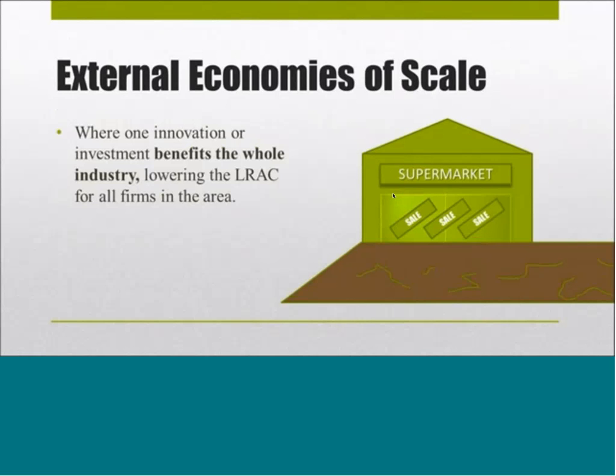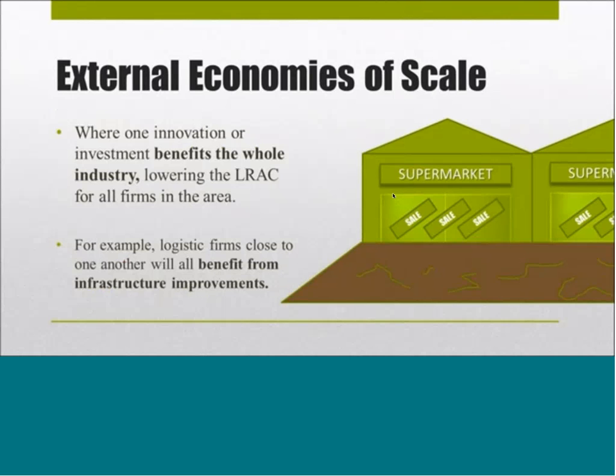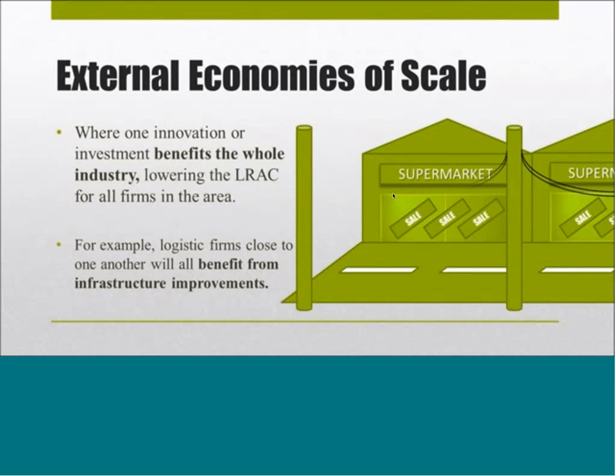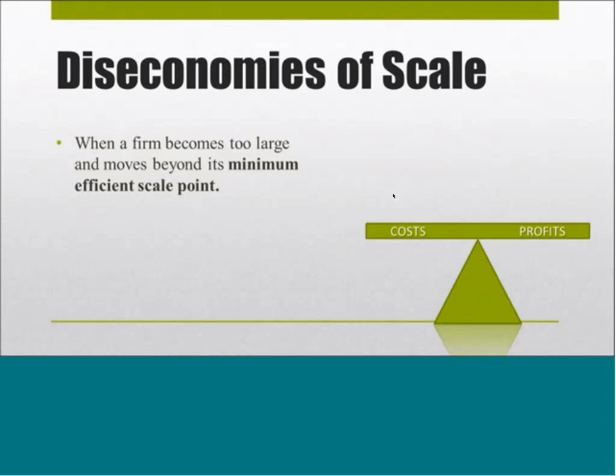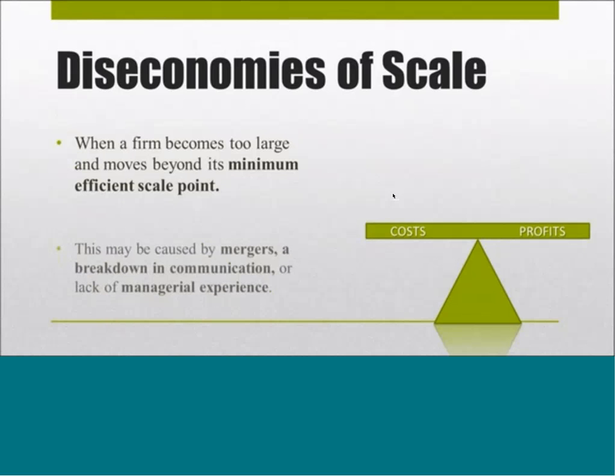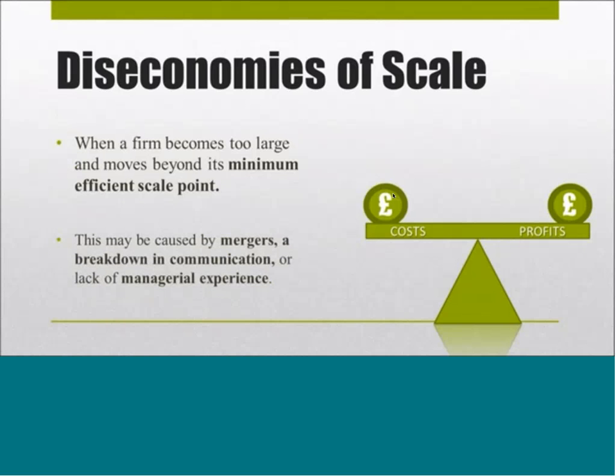And then external economy, what is the position where the are holding us for above an average cost from all the firms, like infrastructure improvement. And then when firms become too large and move beyond their minimum efficient scale, then the cost increases and falls apart.